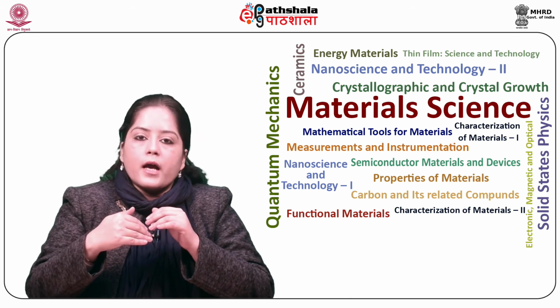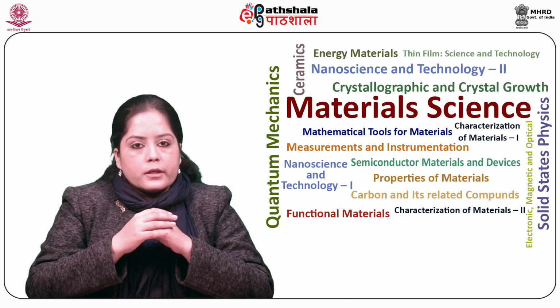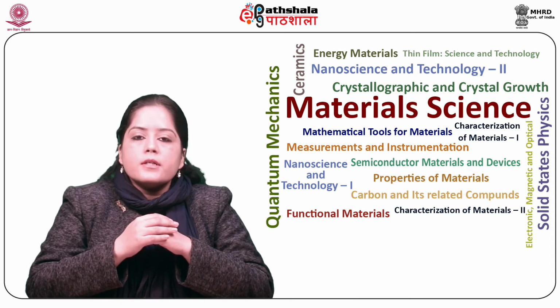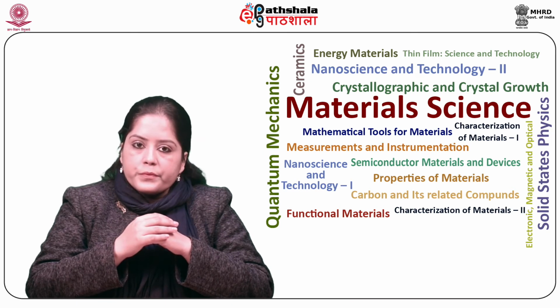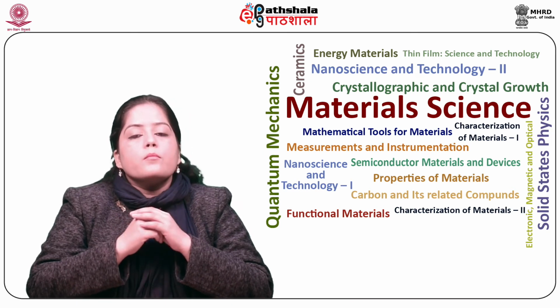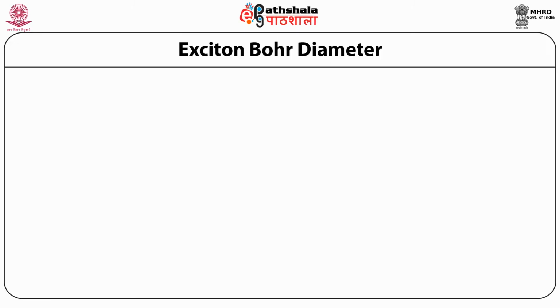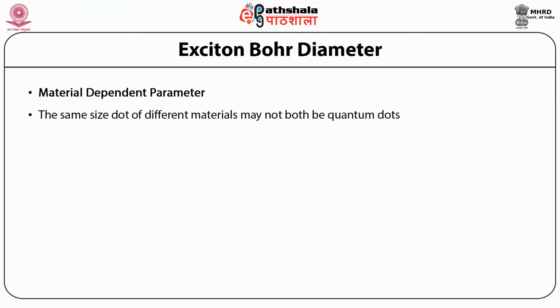So below the band gap, due to binding energy, we have hydrogen-like quasi-particle, hydrogen-like energy states. So we have the effective Bohr diameter, the exciton Bohr diameter.